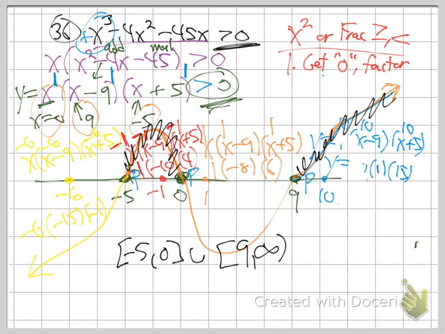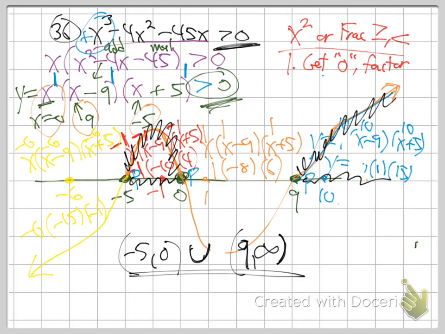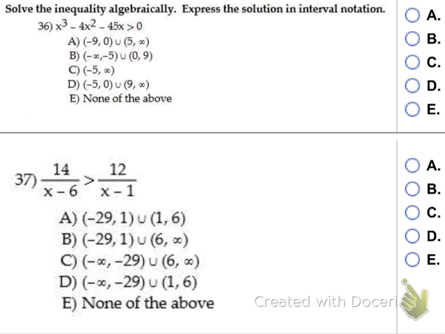Parentheses, yeah, there's no equals bar there. So it's parenthesis, parenthesis, parenthesis on everything. From minus 5 to 0 and from 9 to infinity. There is the answer. Minus 5 to 0, 9 to infinity, yeah.